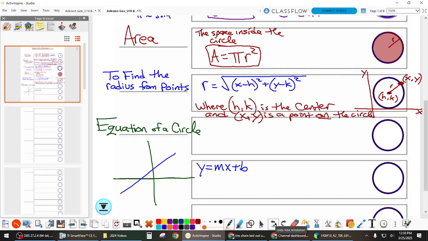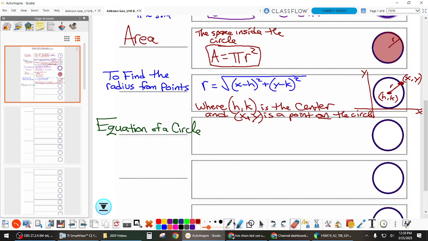What does b tell us? Yeah, it tells us that right there. So now it's not only telling us how steep it is, but it's telling us which point it goes through. So now we have defined that specific line. Okay? So you have done that a ton in your math career.